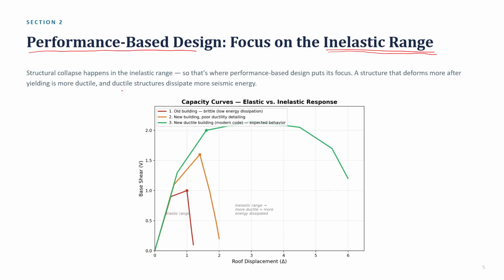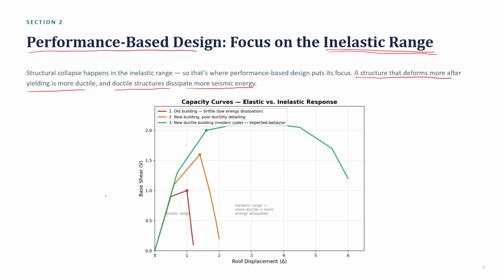The basic idea is that a structure that deforms more after yielding is more ductile, and a ductile structure dissipates more seismic energy. That means we want our structure to deform more in the inelastic range without collapse, and that we consider more ductile, and a ductile structure dissipates more energy.